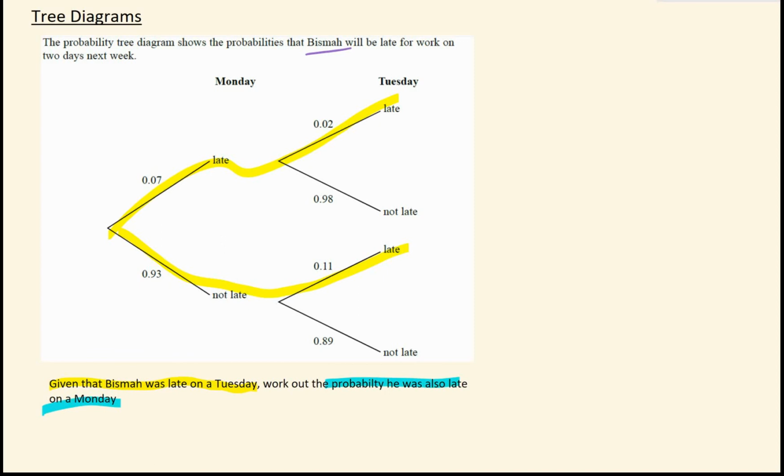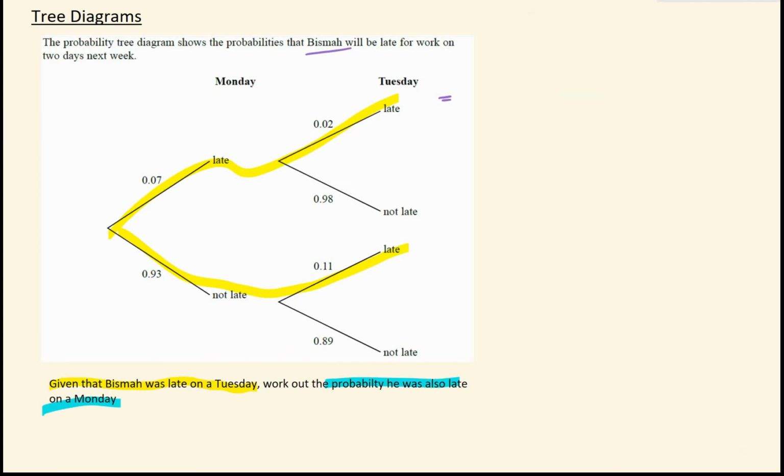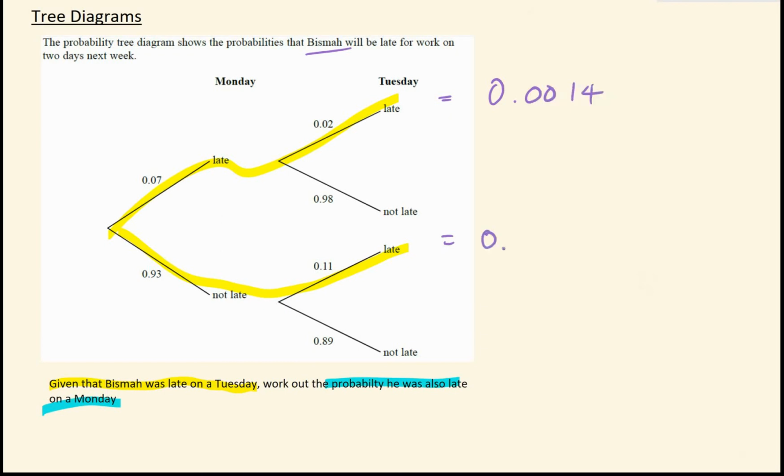To do this, let's work all these things out. So working out he's late on both days, we do 0.07 times 0.02, which gives us this. We then do the same here, so 0.93 times 0.11, which gives us that number there.